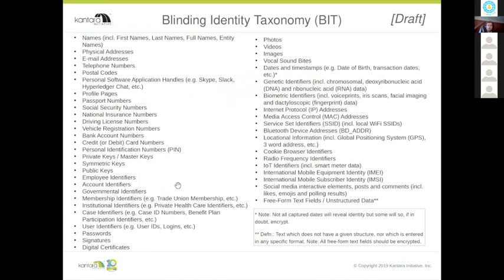It's an outcome of all the discussions in different communities, through lawyers, developers, and communities like the crypto space, data mining, and so on. We identified specific attributes which could be considered PII. This Blinding Identity Taxonomy is hosted right now within the Kantara Initiative. I really encourage you to check it out.